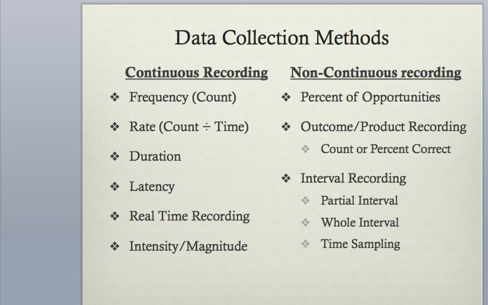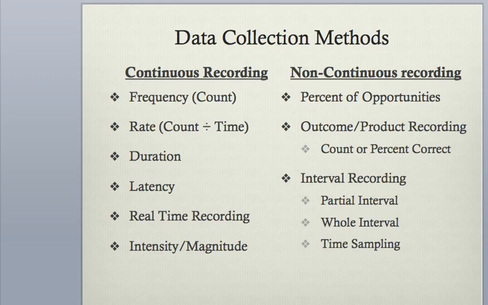So we might get how many opportunities did the individual have to engage in the new behavior and how many times did they actually do it. So the percent of opportunities. We use percent whenever we do percent correct. What percent did you get correct on your test? That is the number of correct items out of the number of opportunities to be correct. So whether it's grading a paper, or whether it's observing behavior, you can still do percent.